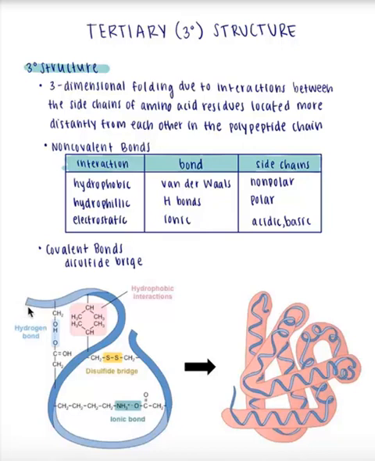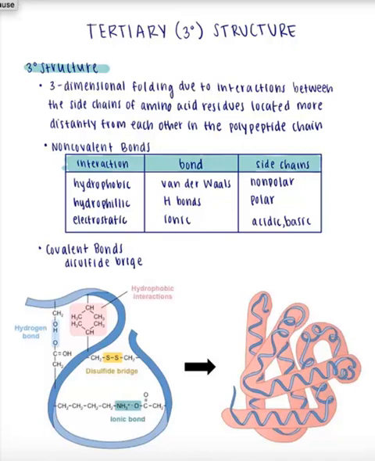So here's an example. So here's our polypeptide chain. Here we have an amino acid here, and then one a lot further down the line over here. They're making a hydrogen bond. We also have hydrophobic interactions, ionic bonds, and then there's actually also disulfide bridges, which are an example of the covalent bonds that can cause the protein to fold.